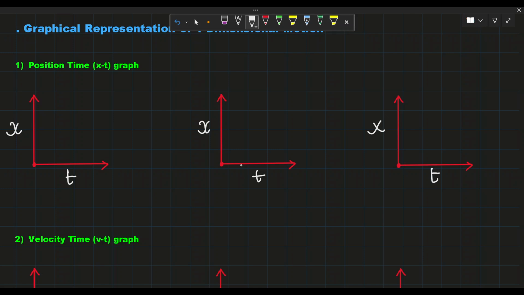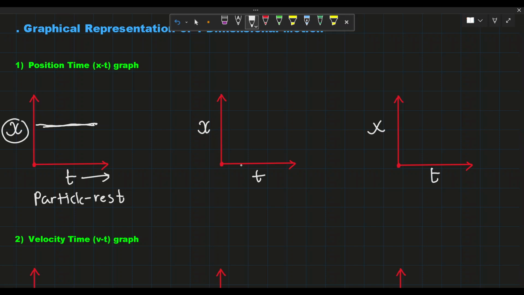Okay, so the first graph, where you have a straight line, what does this indicate? This means that with time your displacement is same, or your distance is same, which means that your particle is at rest.